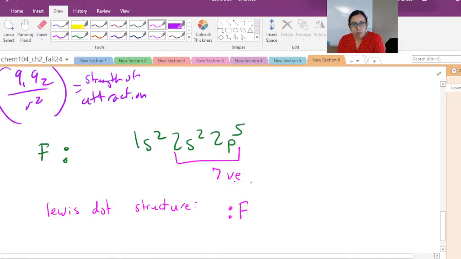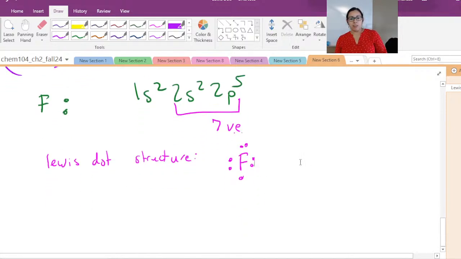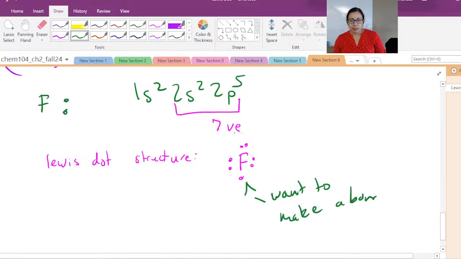Then you fill up the rest of the 5: 1, 2, 3, 4, 5. Everybody gets an electron until we're forced to pair. So there's our Lewis dot structure, and we can start to get more information. Oh, look at that, it just has 1 lone electron, and that looks funny. That shows us that it wants to make a bond. This starts to hint at why fluorine is diatomic: it's not stable by itself.